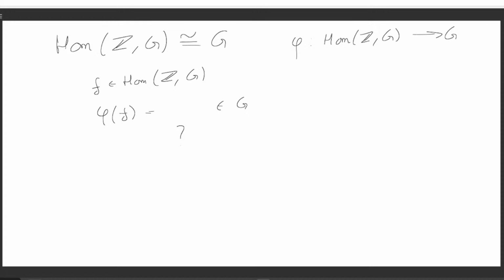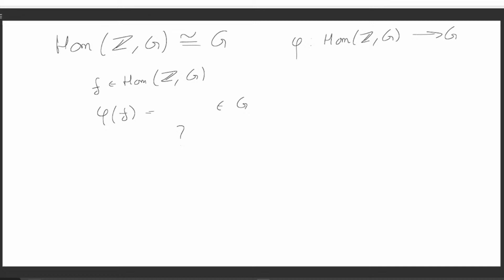Again, use the fact that we did it for Zn, but obviously the same holds for Z. Easier. What is the order of Z? Infinity. So there we had the condition that if you want a homomorphism from Zn, a cyclic group of order n, to H, then you need to map 1 to elements of H that have order dividing this order.